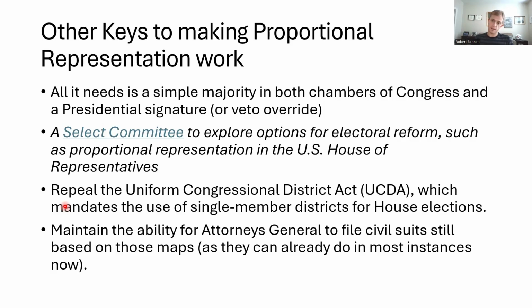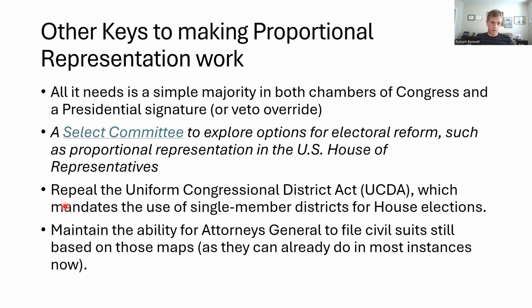But that select committee is looking at several solutions, if you will, for increasing democracy and voting rights in the country. If I had to pick one committee to be the most important in Congress right now, that select committee to explore these options and proportional representation both is probably the most important one in the country. And again, no one is talking about it.